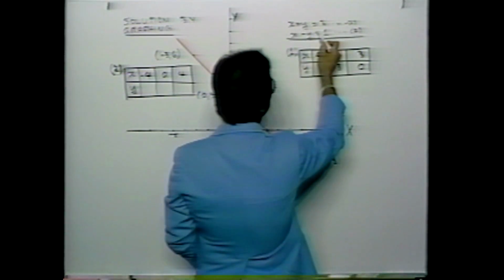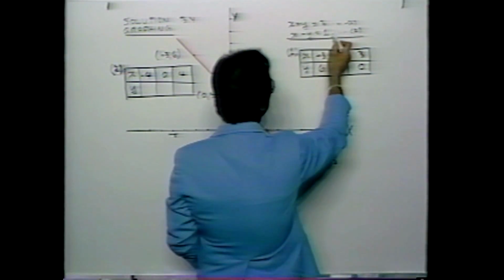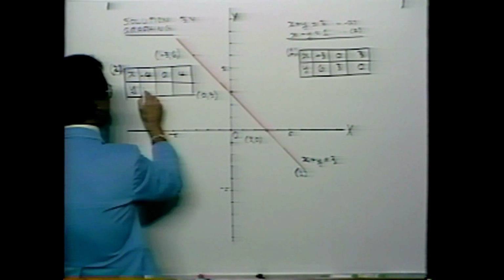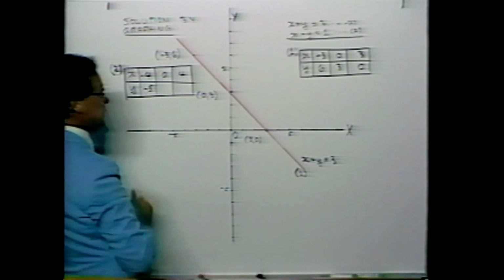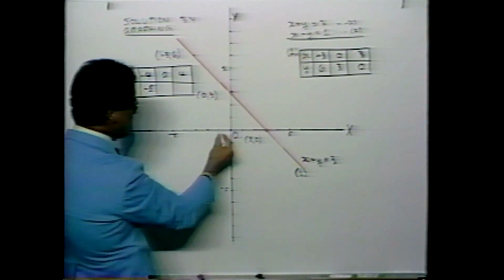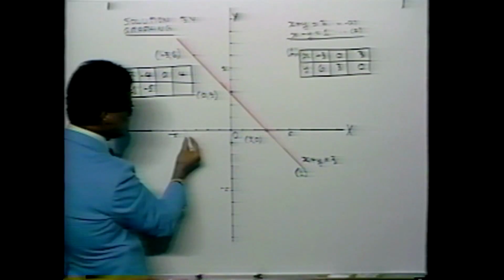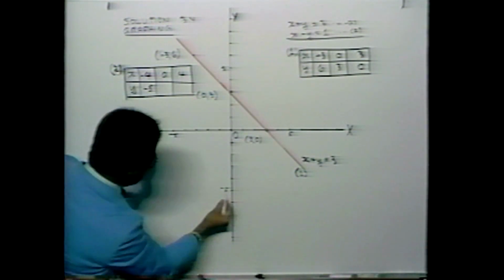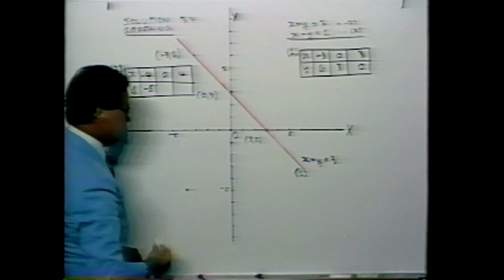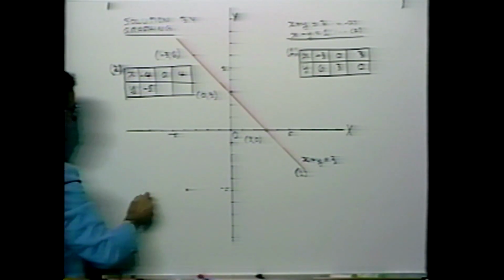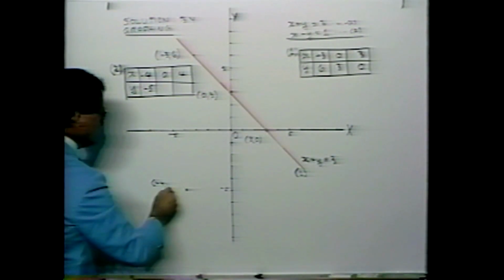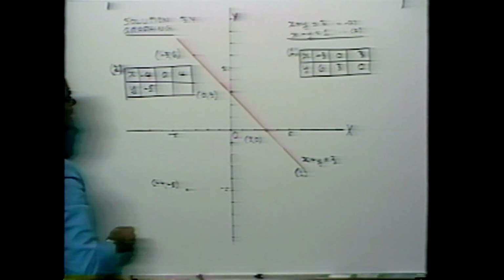Negative y equals positive 5, therefore positive y equals negative 5, and negative 5 will go in that position. The position of that point would be, if you went to the left, negative 4 places, and down here, negative 5 places. On your graph paper, you would have that grid point, and that is negative 4, comma, negative 5.